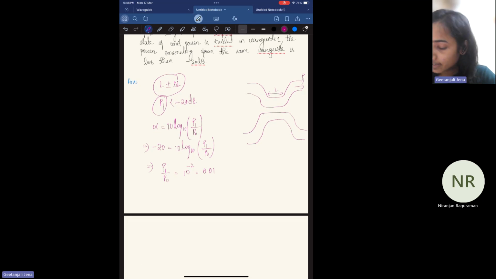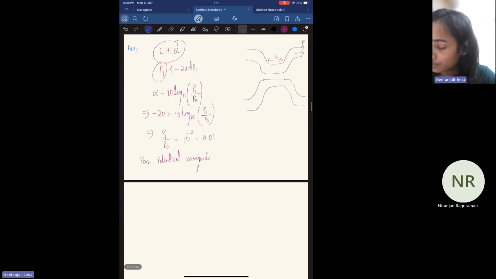Now let us see what is the expression for identical waveguide. We'll start from there. For identical waveguide, if you recall, P1(z) is P0 cos square kappa z, and P2(z) is P0 sin square kappa z.